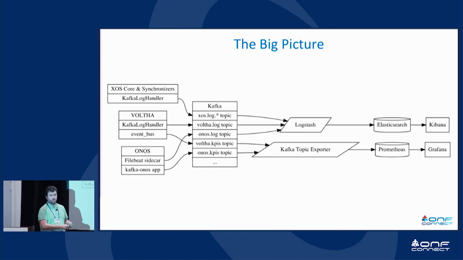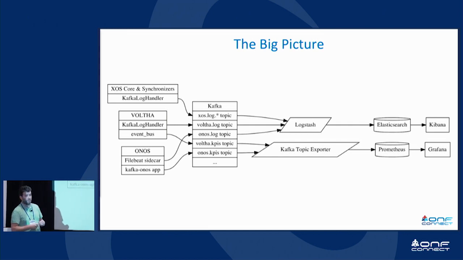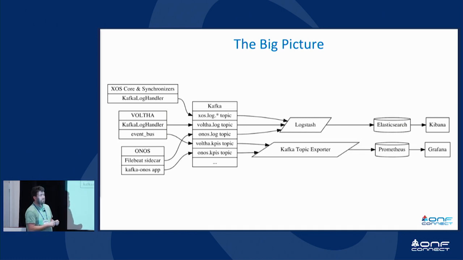And Kafka is our centralized message bus system that we're using to propagate messages through the system. And those get read out by Logstash or the Kafka topic exporter, and then into Elasticsearch, which handles log messages, and Prometheus, which is handling monitoring data. And then those are displayed in a GUI with Kibana or Grafana.